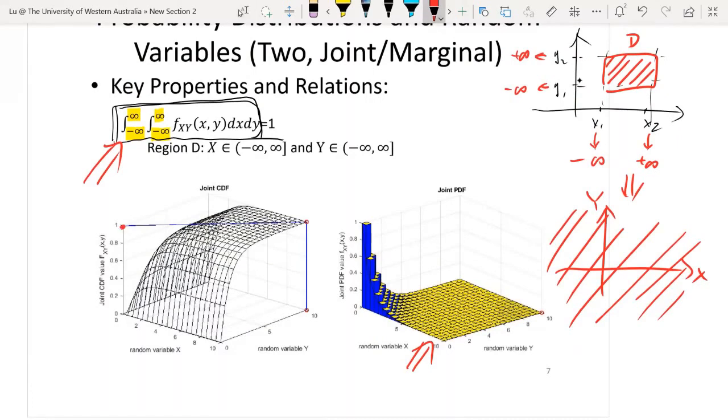Remember we mentioned the joint CDF is also a probability. Its maximum value is 1. Yes, this is the case.